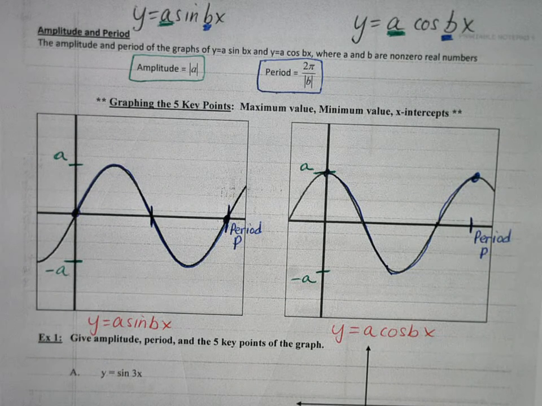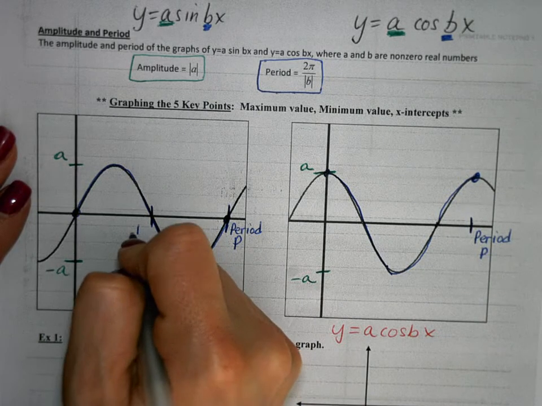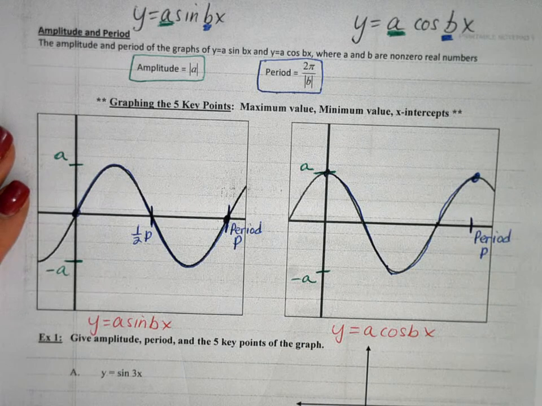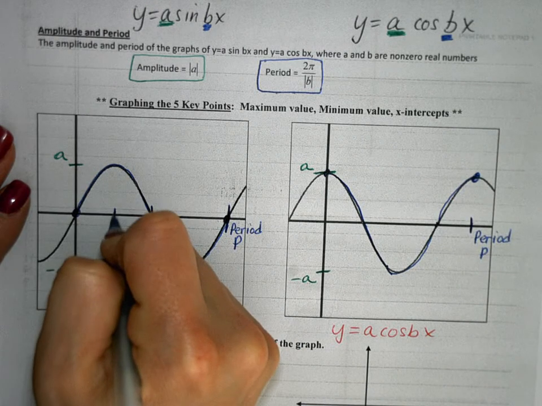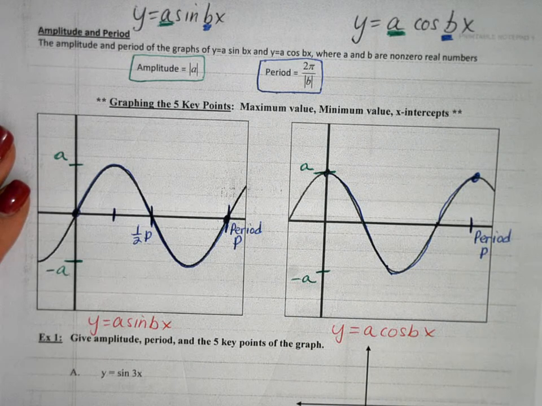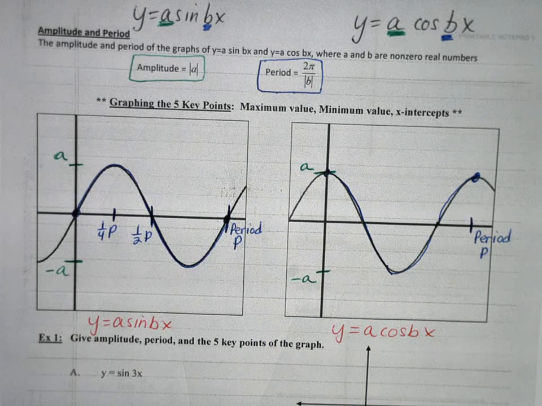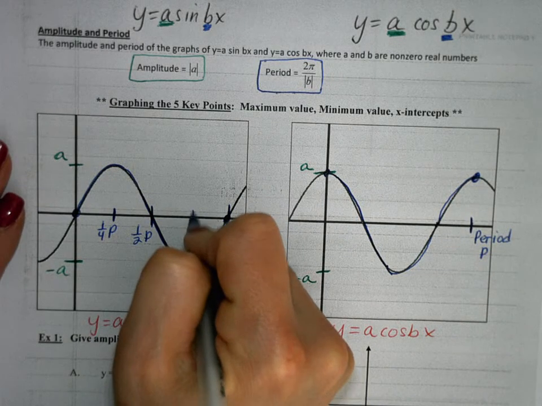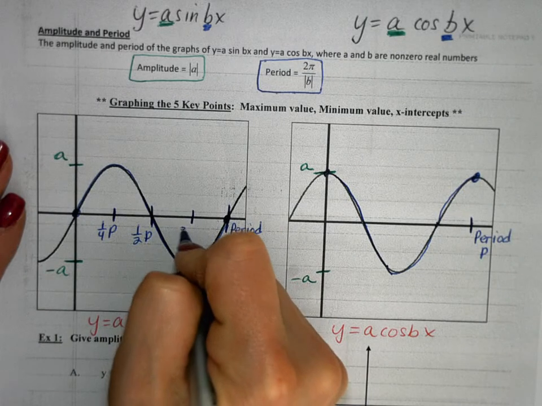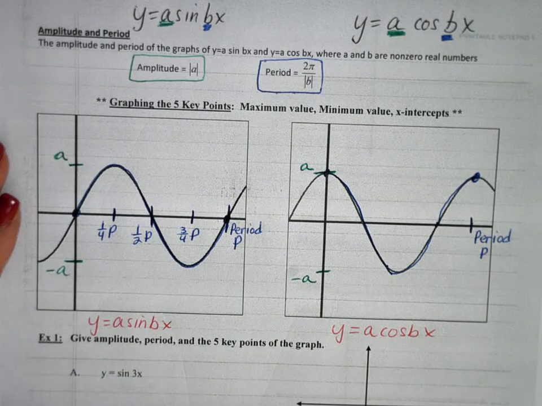I'm halfway there. So I'm halfway to P. How close am I if I'm right here? A fourth. So I'm a fourth of the way through the cycle. I'm a quarter of the way to P. And what about right here? 3/4 of the way through the cycle. So I'm 3/4 of the way to P.